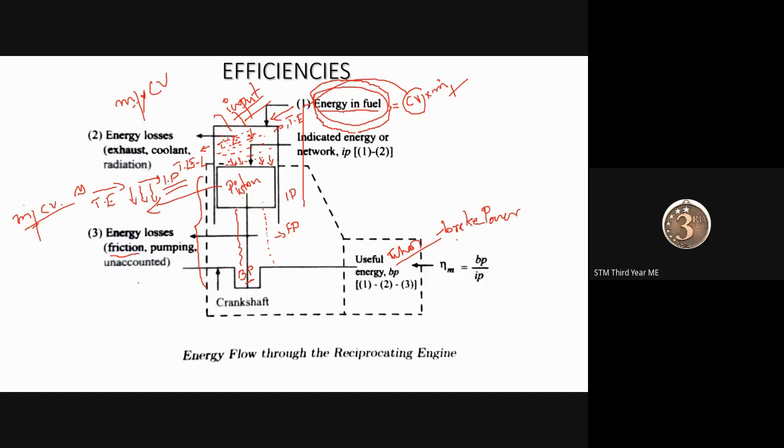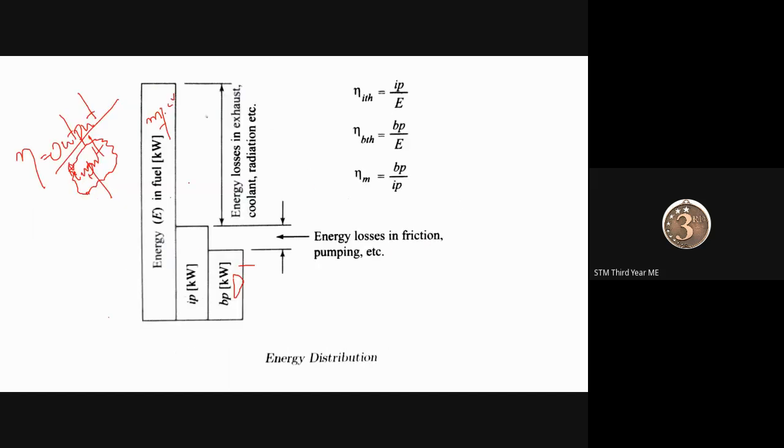Okay, so you should never memorize that formula by heart. No need to memorize that particular formula for efficiencies. You have to just study this particular thing. You have to understand here that the total energy is given by the combustion of the fuel.